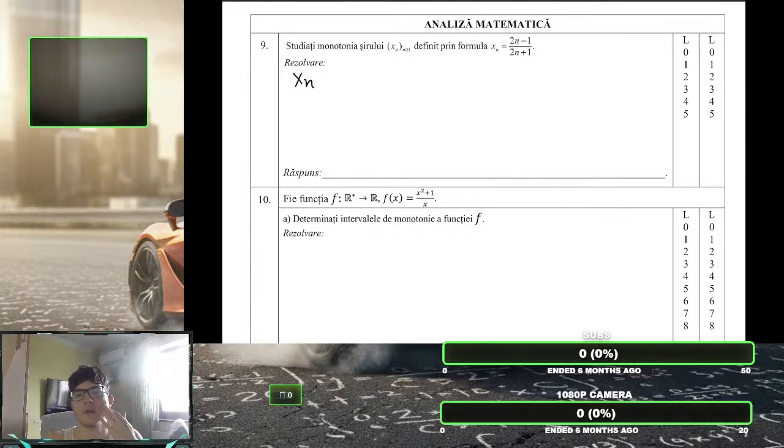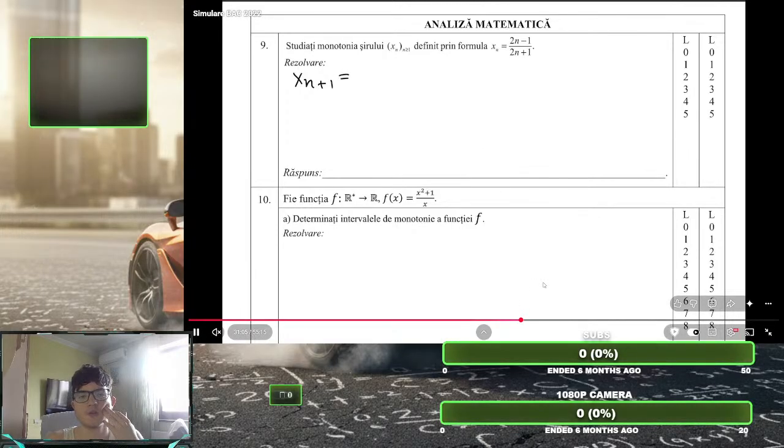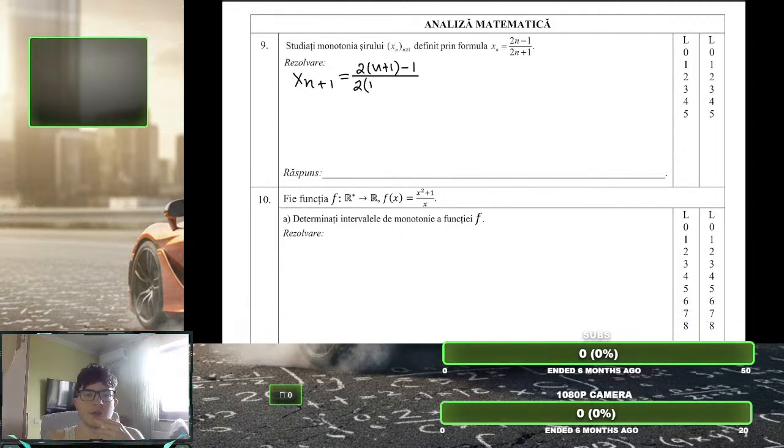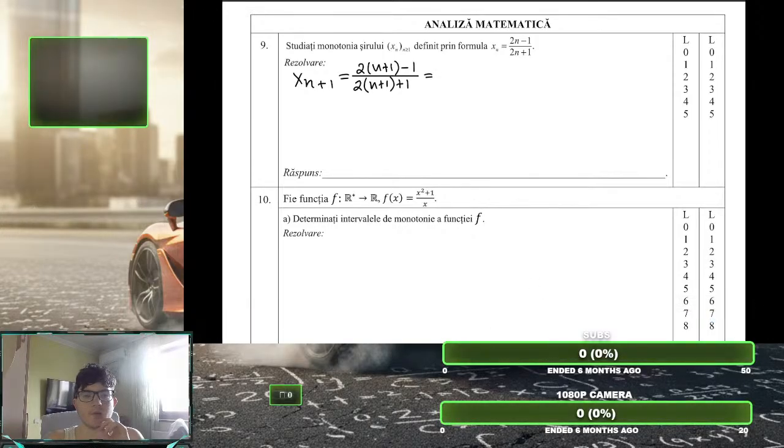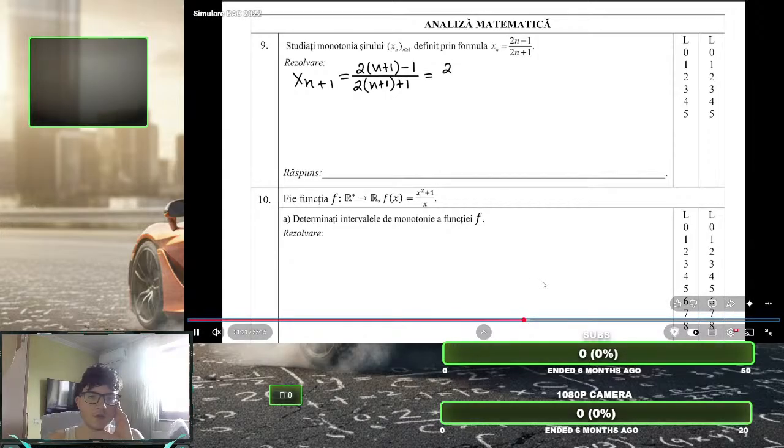There's gonna be infinity over infinity, stuff like that. Yeah, that's what I think it will be. n plus 1 minus 1 right there. So 2n plus 2, 2n plus 1, and 2n plus 3. Plug in minus 1 and plus 1.